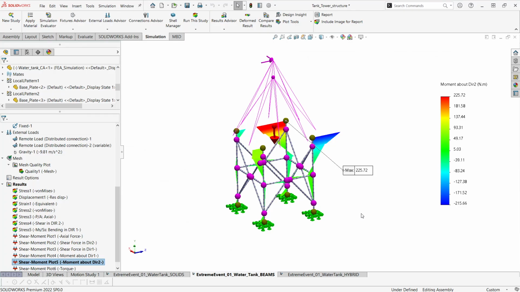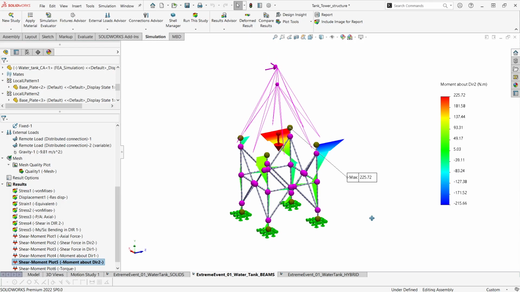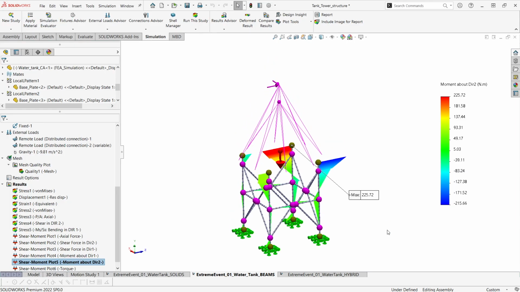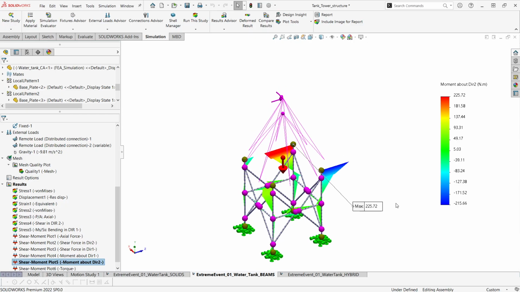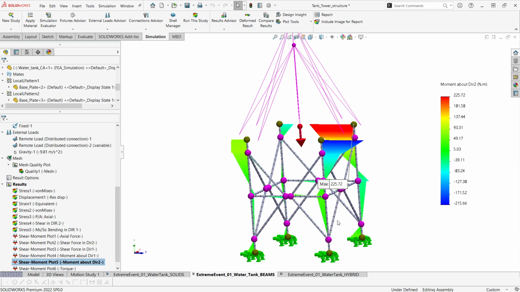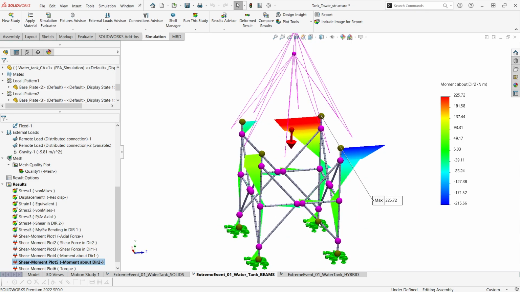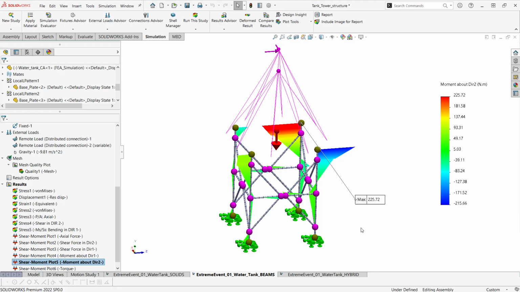As we did with the shear efforts, I'm showing you direction number 2 since it's the most critical one, this direction. Okay, what can we see here? We have the peak values in the two top connections where we had the peaks of stress. So this is what I was expecting. But how are the bending moments traveling through the structure? We can see that the values are not so high in the middle of the structure, right? Why? Basically, this is because I did a design based on diagonalization.